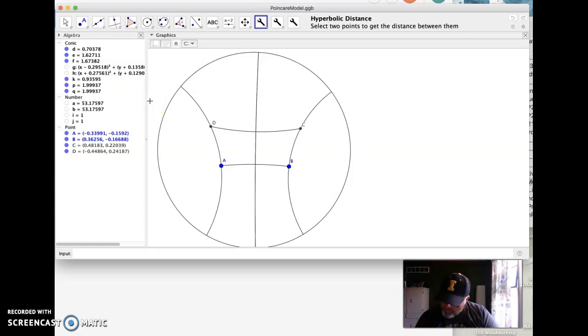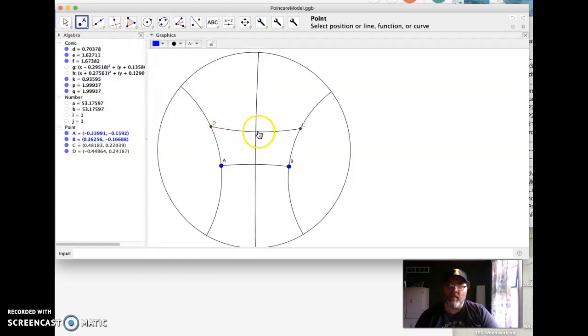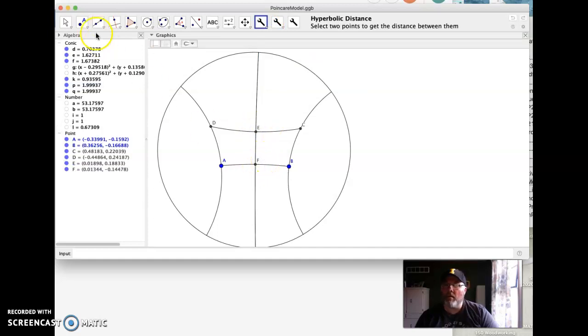What are we supposed to do? Oh, you're supposed to measure that. Oh, wait a minute, boys and girls. They want you to measure this segment here. Hey, let's measure that segment there. All right. Boom, boom. It's not one. Oh, well, that's a letdown.